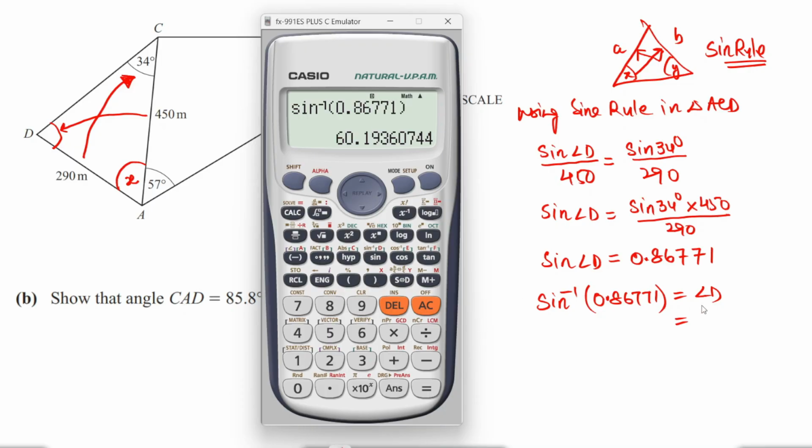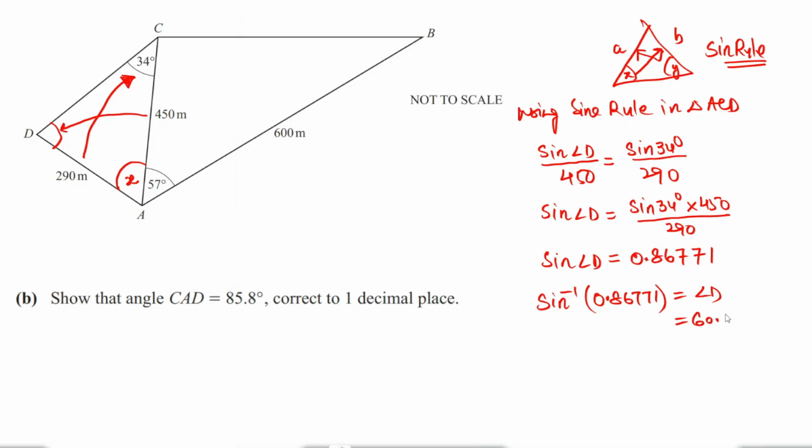And we got 60.193. If you round it off to one decimal place, what are you going to get here? 60.2 degree. So now we got this angle as 60.2 degree.